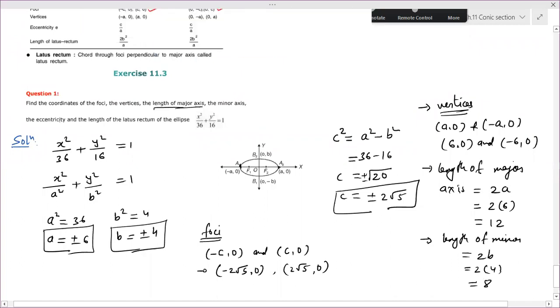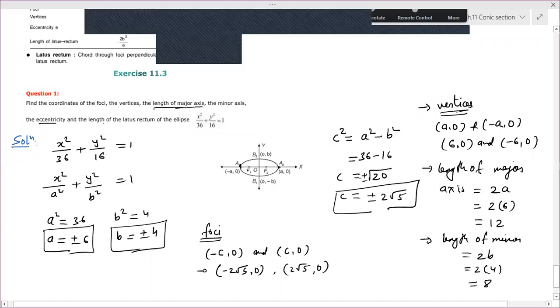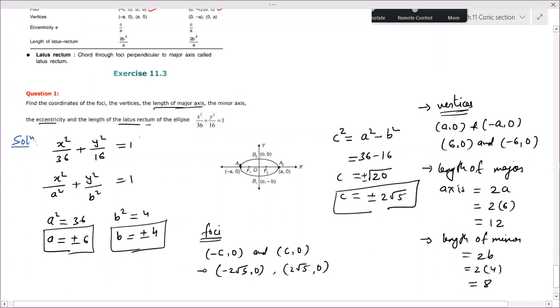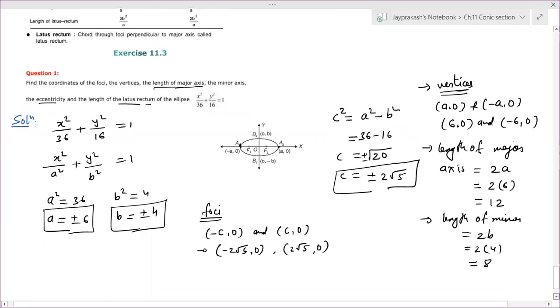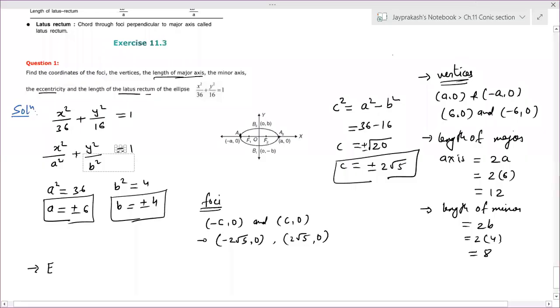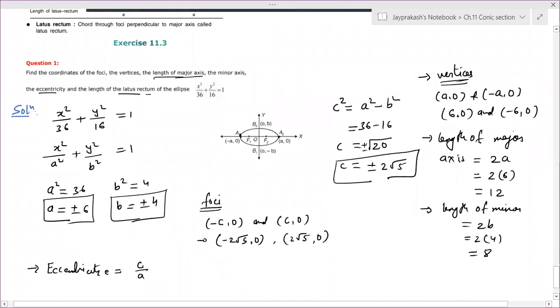So the length of the minor axis will be 2 into 4, which is 8. Now the remaining part is eccentricity and the length of the latus rectum. The eccentricity is c by a, denoted by a small e.